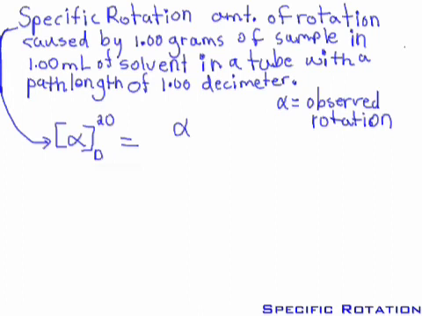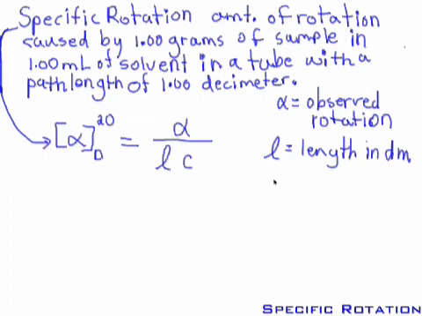The reason for this is you can get subtle variations with temperature and different wavelengths of light. Now, in order to convert an observed rotation into specific rotation, I need only divide by the length, L, and the concentration. So alpha over L times C, where L equals the length of your tube in decimeters. It must be in decimeters.